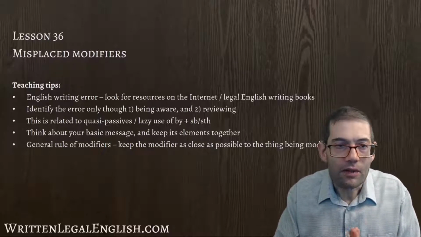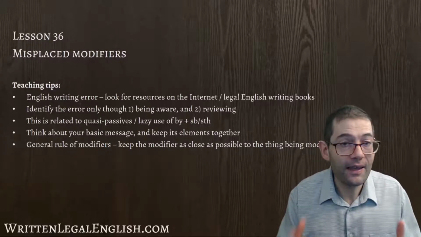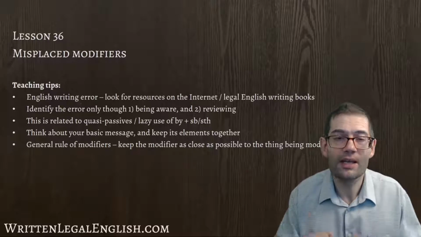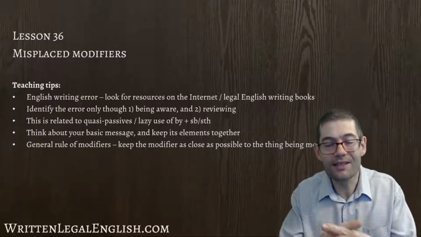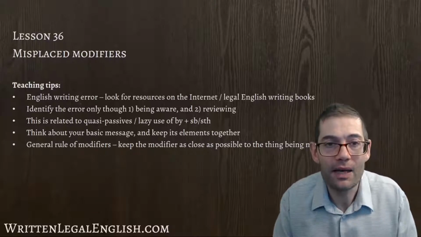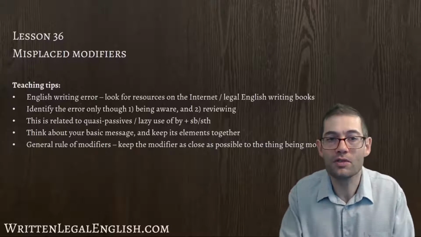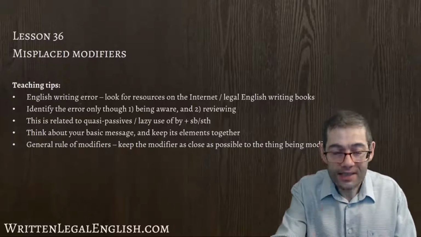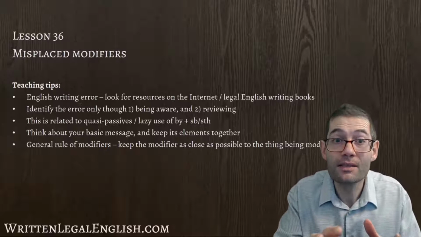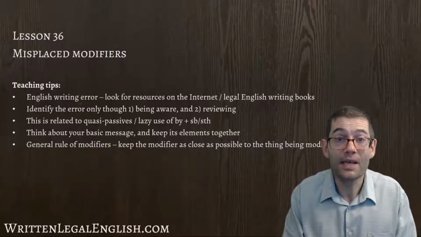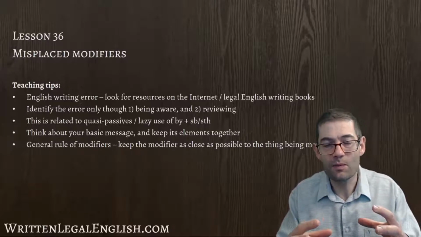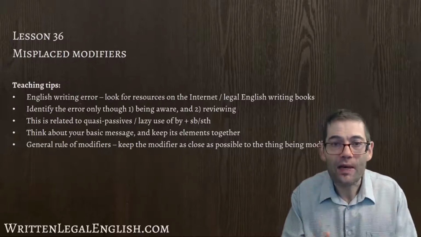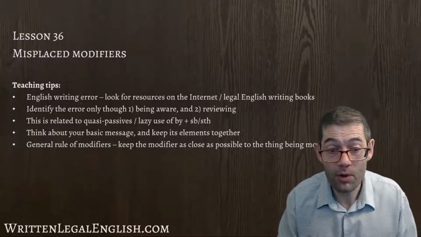But in general, how can we overcome this? By thinking about our basic message and keeping those elements together. So once again, going back to those lessons at the beginning of the course, lessons 1 and 2 on sentences, and even the lessons where I talk about emphasis, keeping the important parts of the message together, and that way you're going to avoid this problem.